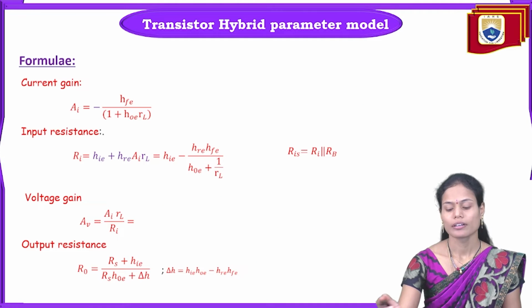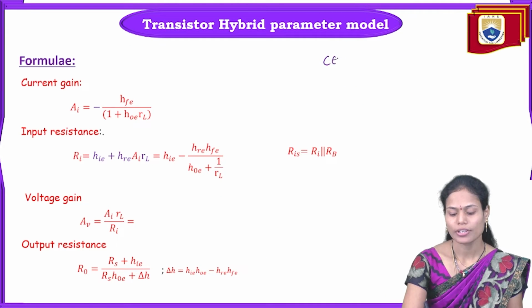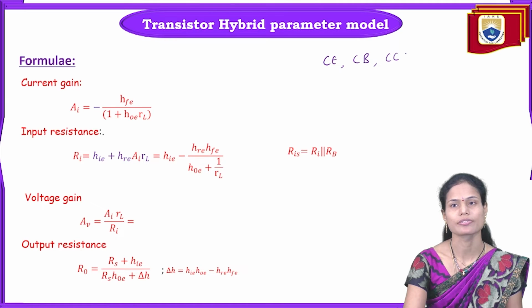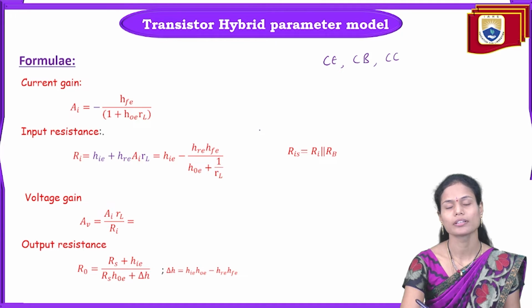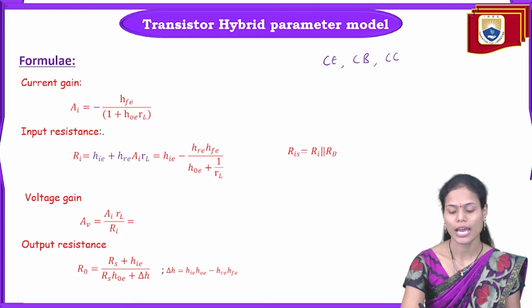So here we are having three configurations: CE, CB as well as CC configurations. Here I am giving the formulas for the common emitter configuration hybrid parameters. The amplifier parameters in terms of H parameters I am giving in CE configuration.